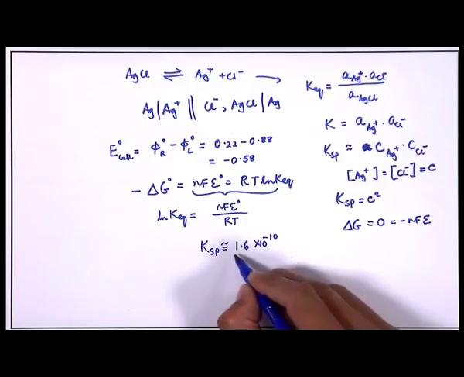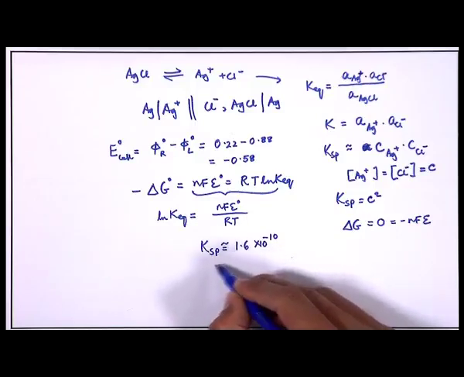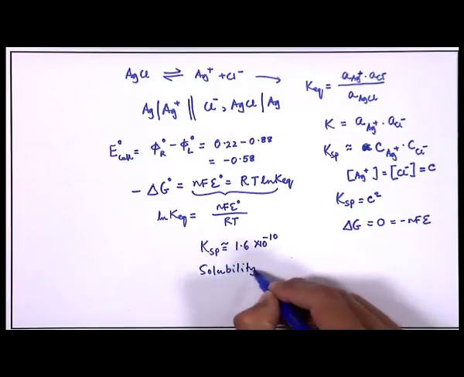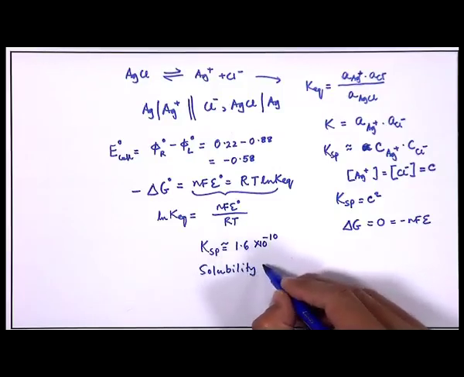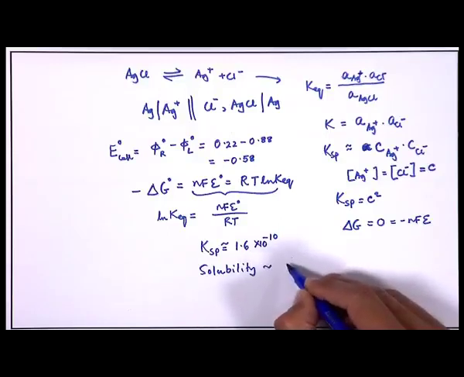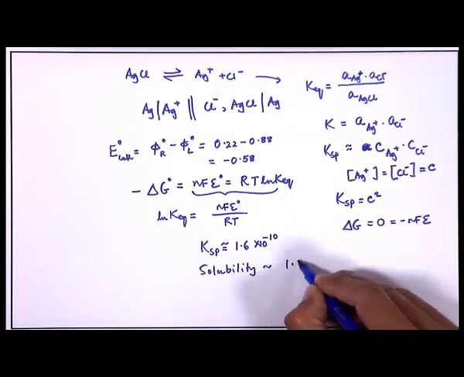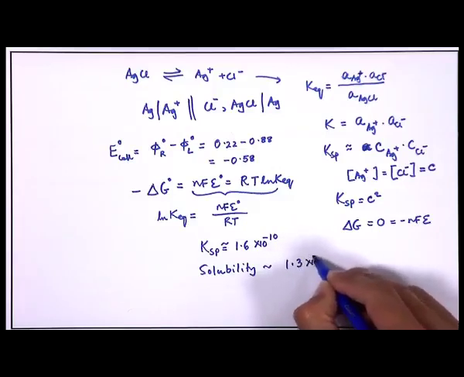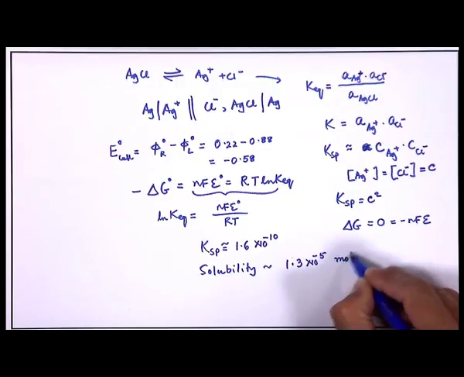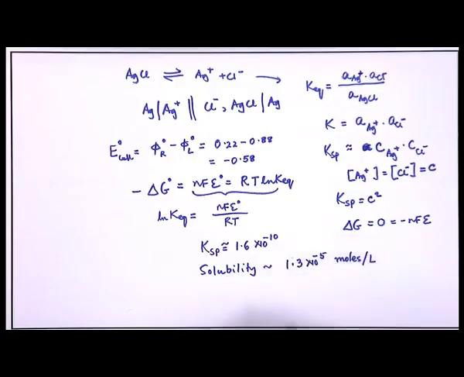Okay. So, this is your solubility product, and solubility will be basically the square root of this. Solubility will come out to be approximately 1.3 into 10 to the power minus 5 moles per liter.